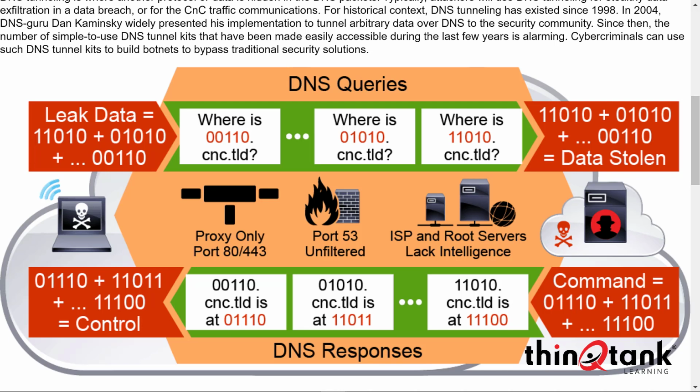DNS tunneling, as the book mentions here, has been around since the late 90s, and it's been around for some time. What we're seeing in this diagram is kind of a representation of data that's being exfiltrated from an infected host using specific DNS queries, and the attackers sending commands to the infected host using the DNS responses itself.